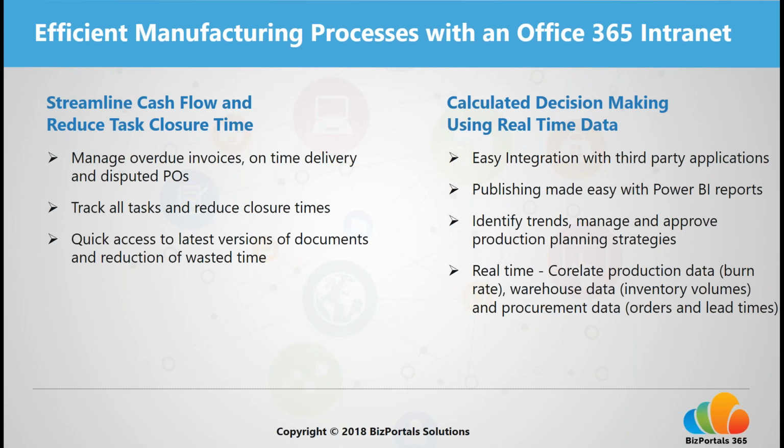An Office 365 intranet really helps you manage all your overdue invoices, on-time delivery, and disputed POs. Those could be in your ERP/distribution system. You could integrate it with your intranet and really manage those, making sure that you reduce the entire time for working on those POs.